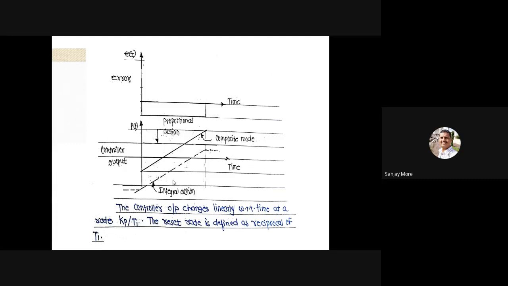Okay. Then write down: the controller output changes linearly with respect to time at a rate constant or proportional to time. The reset rate is defined as the reciprocal of integral time.